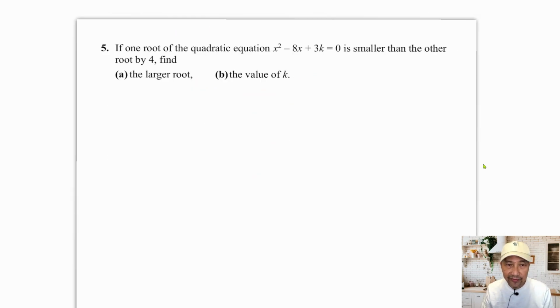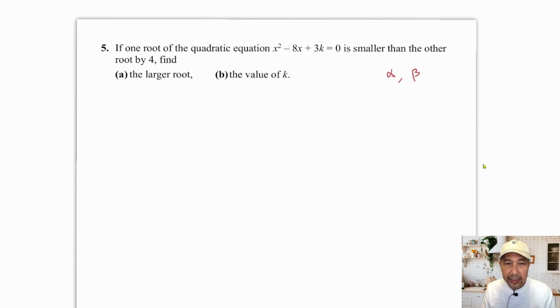Okay, question 5. If one root of the equation is smaller than the other root by 4, in part A we find the larger root, and in part B we find the value of k. Usually we can assume the two roots are alpha and beta.